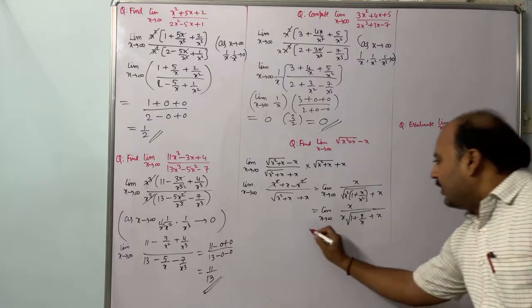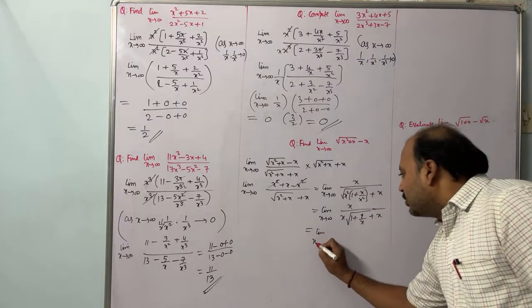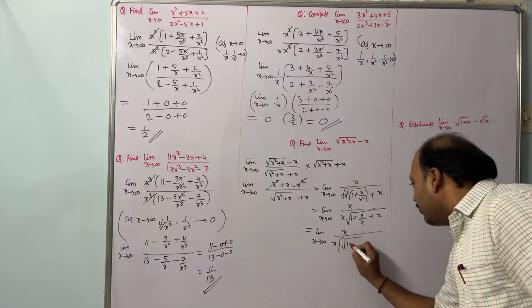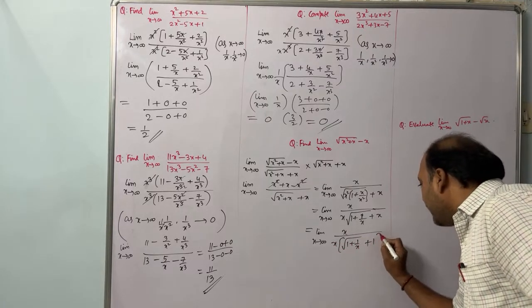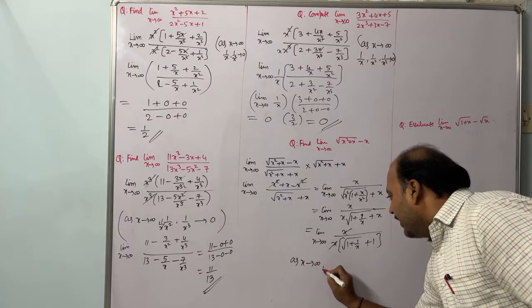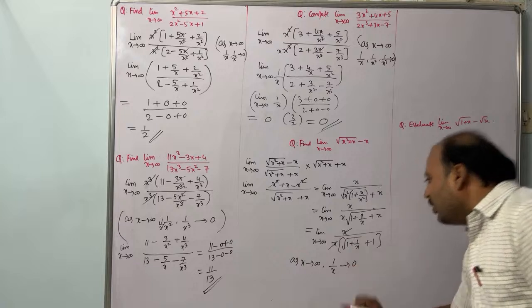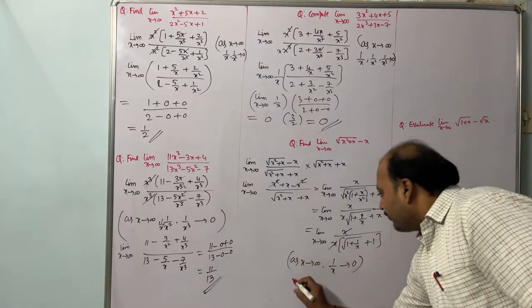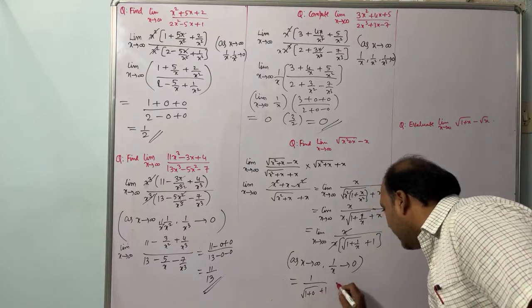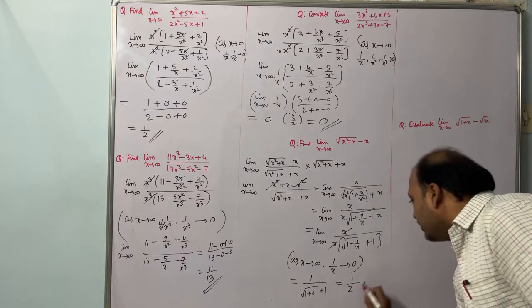Now x take common. Limit x tends to infinity, x by x into root of 1 plus 1 by x plus 1. Here x gets cancelled. As x tends to infinity, 1 by x tends to 0, you know. So you will get 1 by root of 1 plus 0 plus 1. So 1 by 1 plus 1 is 2.